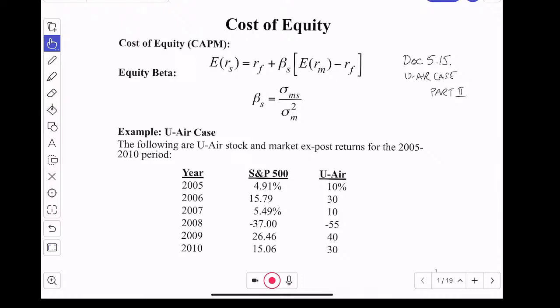So what we've done with the capital asset pricing model that looks like this is use it to price securities, finding the expected return, then that's in tandem with getting the price. So that is called the capital asset pricing model.